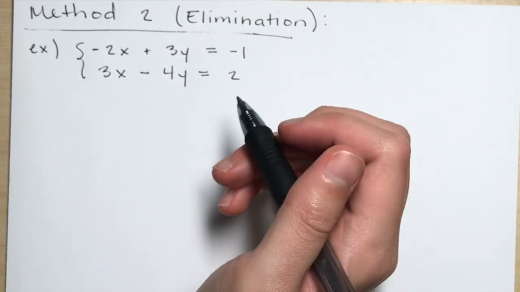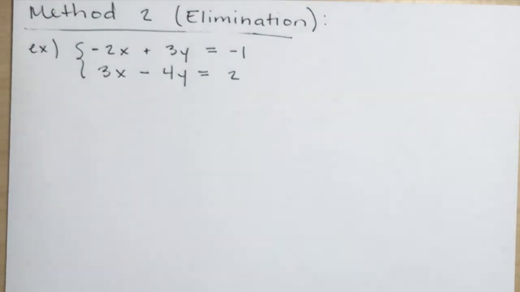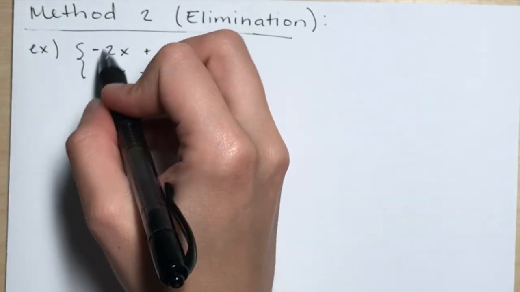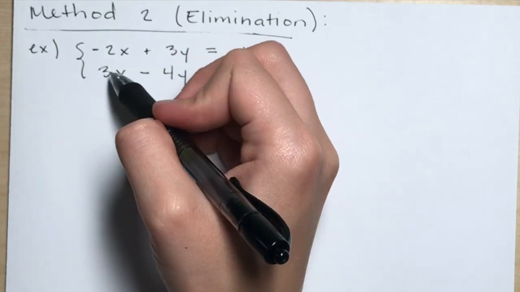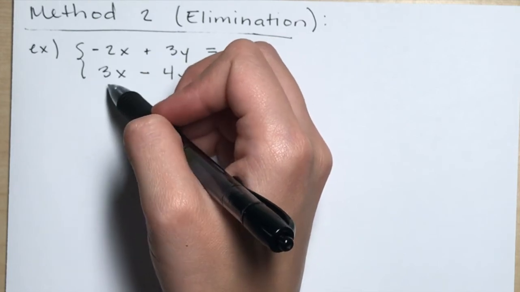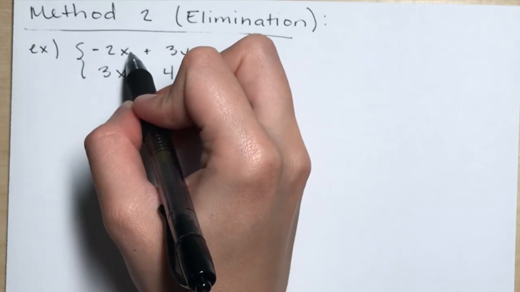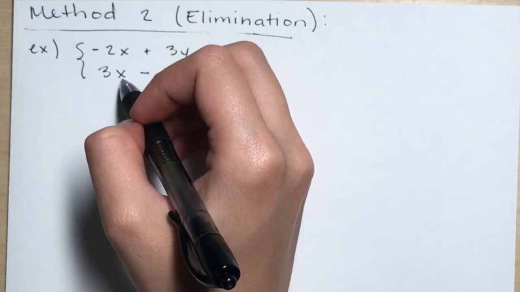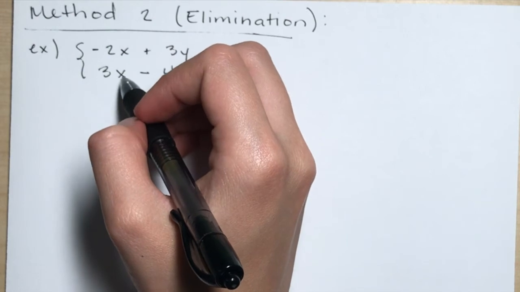That doesn't sound necessarily nice to work with. So what I'm going to do instead is, we know that the least common multiple here is 6, right? The smallest number that has a factor of 2 and 3 is 6. We also know that this x value is negative and this x value is positive, right? So they're already opposite signs. So let's try and get them to positive and negative 6.